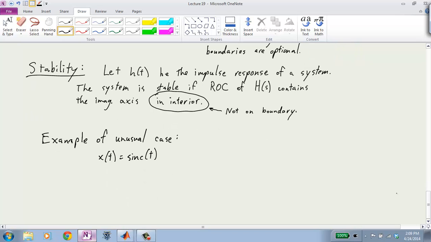Now, let's look at the Laplace transform of this. Well, let's just first say what is the region of convergence for this Laplace transform. Any ideas? For which real parts of S will this converge?